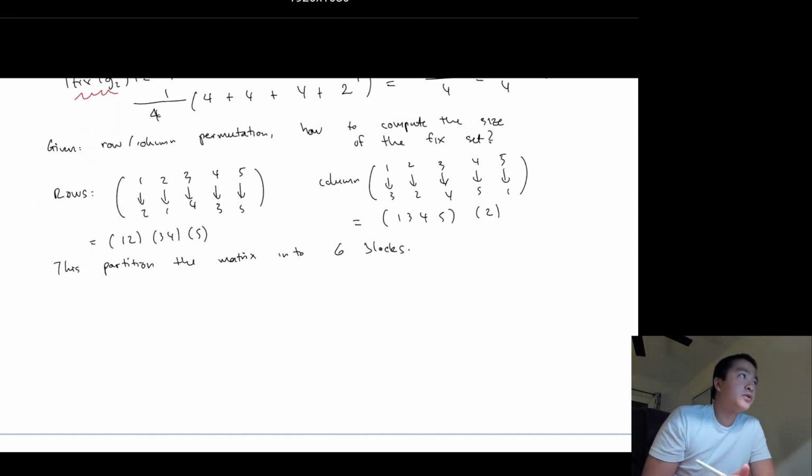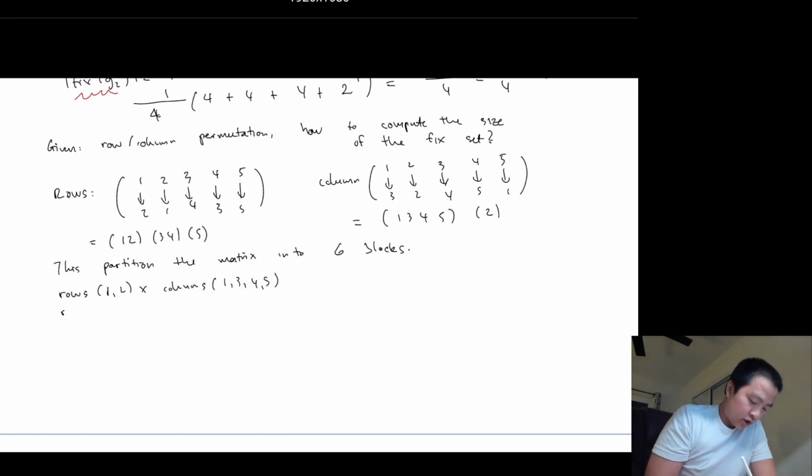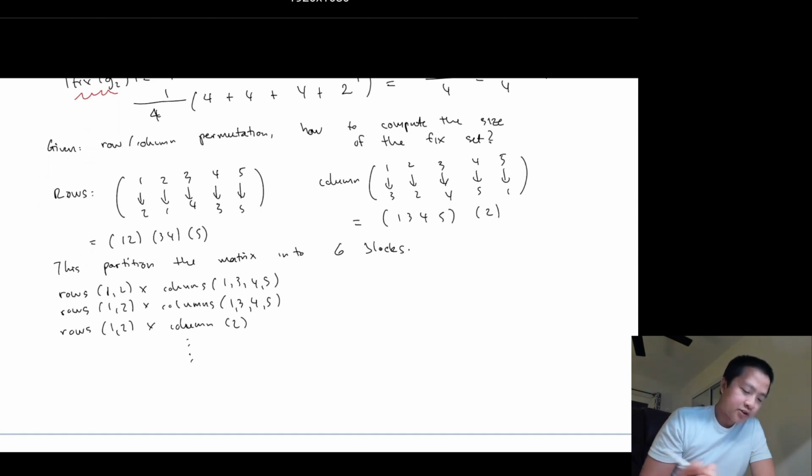For example, rows 1, 2 and columns 1, 3, 4, 5; rows 1, 2 and column 2, and so on and so forth.